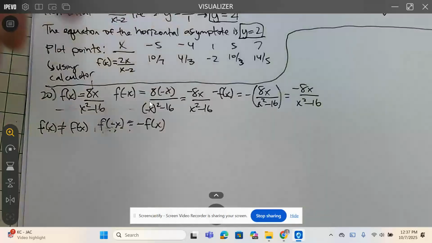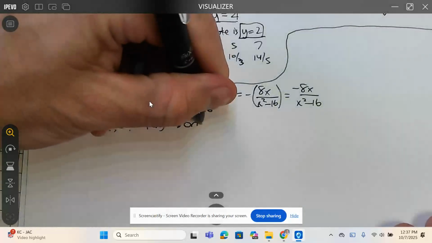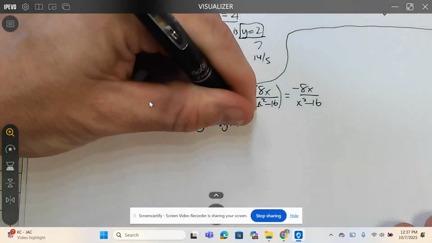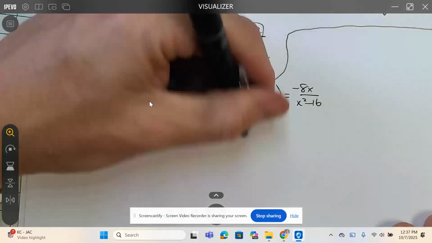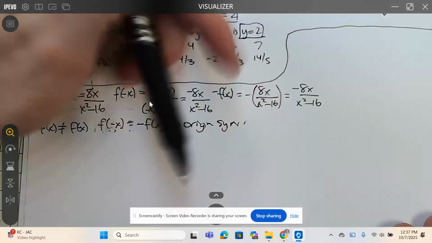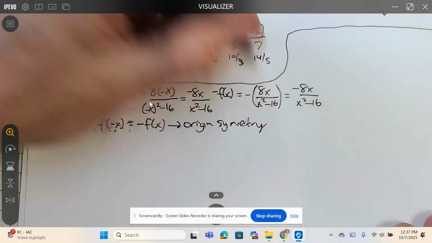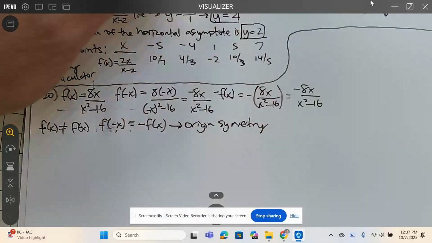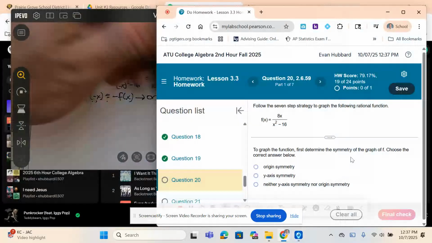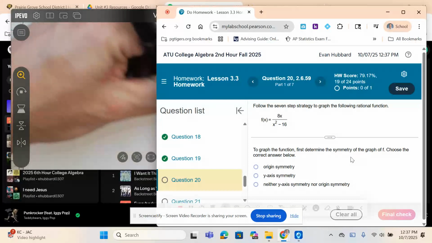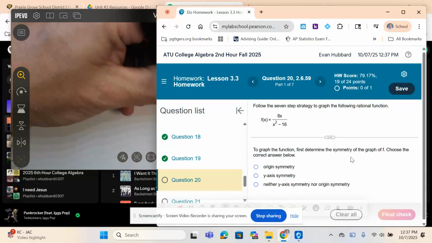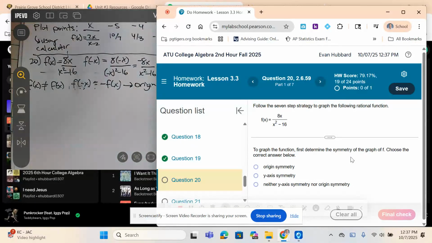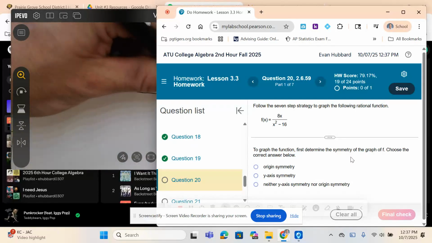And so this means this has origin symmetry. I spelled symmetry wrong, two M's. So this one has origin symmetry.